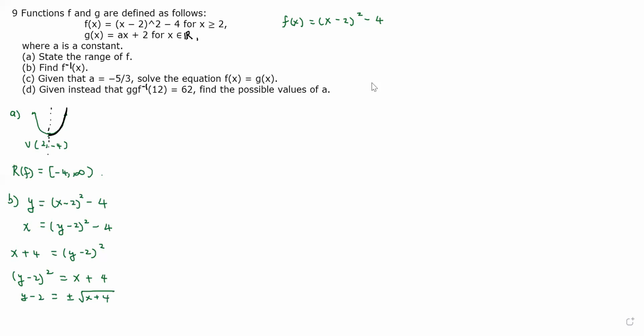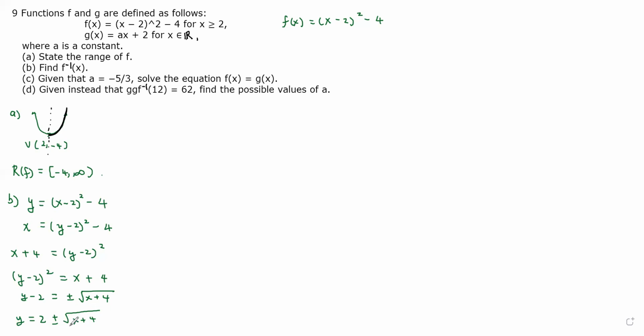And then rearranging, we can move -2 over so that y is 2 ± the square root of x + 4. The function f(x) is only defined for x greater than or equal to 2, meaning that this y value for the inverse must be greater than or equal to 2.